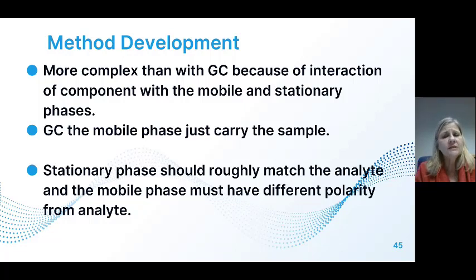Once again, your stationary phase should roughly match the analyte, and your mobile phase must have a different polarity. So we want attraction between our compounds and the stationary phase, and then we change the mobile phase conditions so that we can get the analyte moving from the stationary phase into the mobile phase.